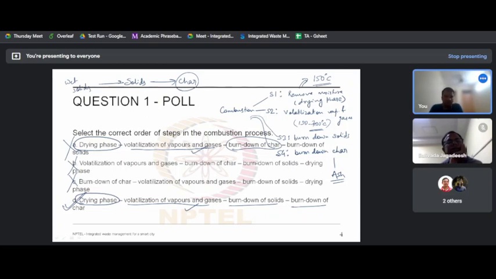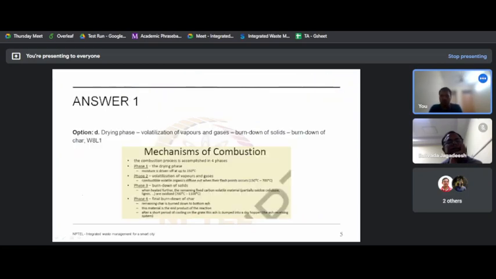We'll discuss this using the slide also. So drying phase, volatilization, burn down of solids, and then burn down of char. So option D was correct. Students can refer to the first lecture of this week for this question. Here we can see the process is accomplished in four phases. There is a drying phase, where we drive out the moisture at 150 degrees centigrade.